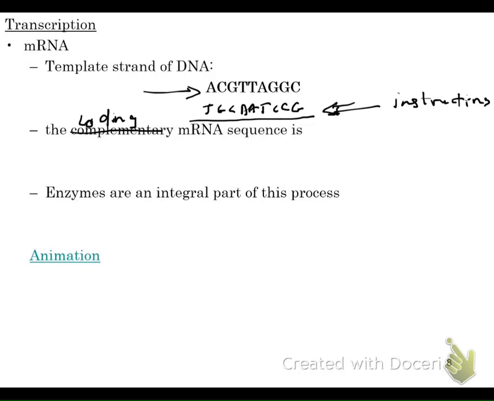And the messenger RNA makes a copy of the coding strand. Now, with that in mind, what would the messenger RNA sequence be if we're making a copy of the coding strand of the DNA? We're duplicating that coding strand by using this template. All right, so what would that messenger RNA sequence be?